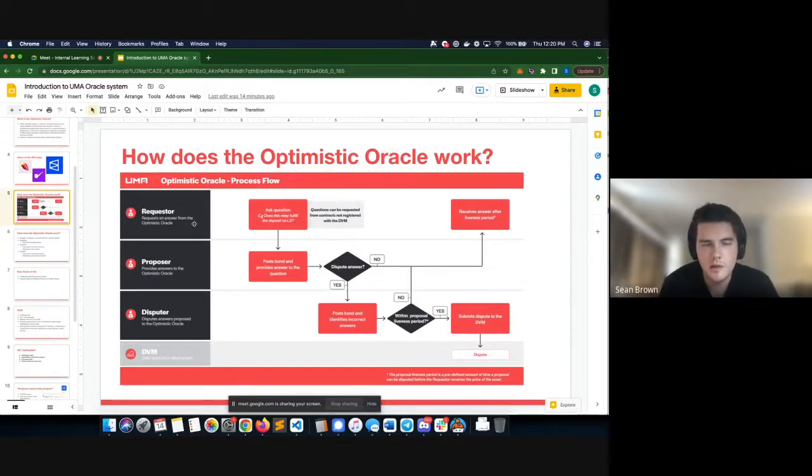So after somebody asks a question, they'll usually also be paying a reward along with that data request. Proposers in the system are incentivized to answer that question because they want to get that reward. So they'll look at the question and determine off chain what the answer to that question should be.